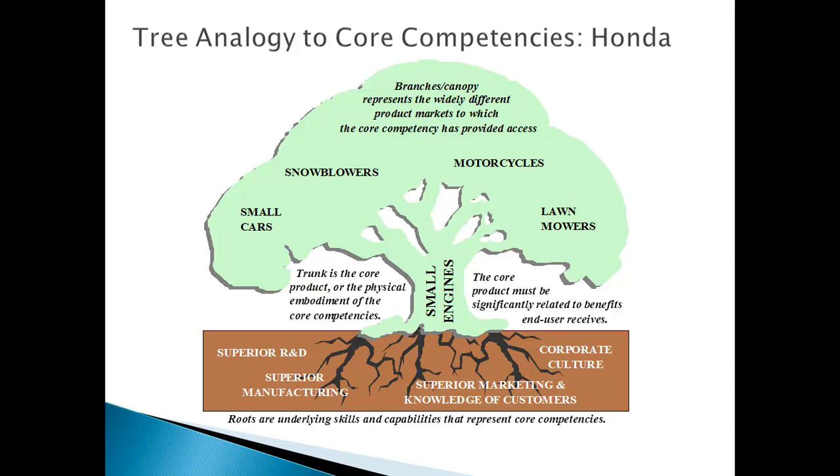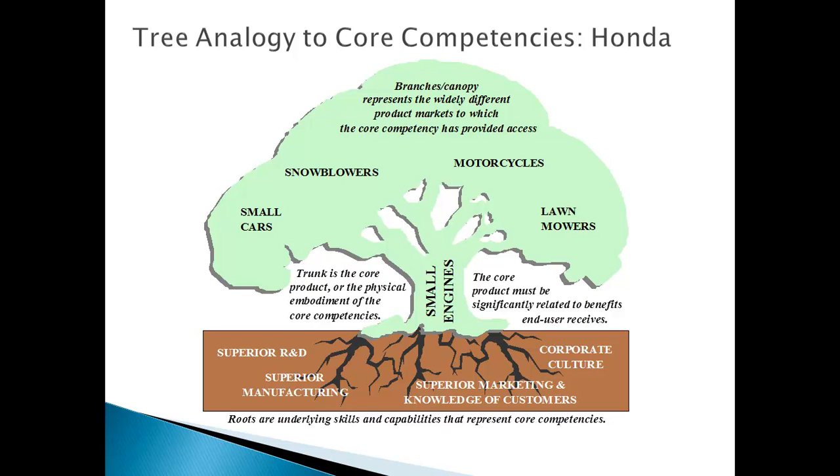In terms of being significantly related to end user benefits, which was the second criteria, what you see here is that the trunk of the tree is either the physical embodiment of the roots actually are the core competencies, or in the case of a service or an intangible core competence, this trunk might be characterized as core capabilities.